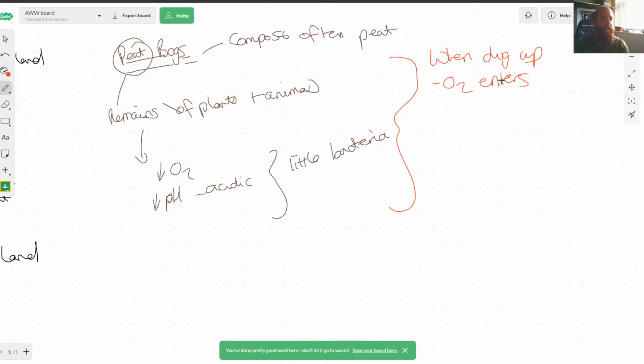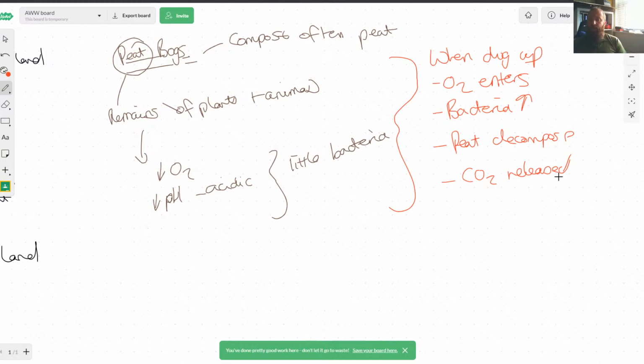So as soon as you dig up the peat, oxygen enters, bacteria start to flourish, which means the peat starts to decompose and CO2 is released. Okay? So straight away, as soon as you physically dig up that peat, it's going to start decomposing and it's going to start releasing CO2.